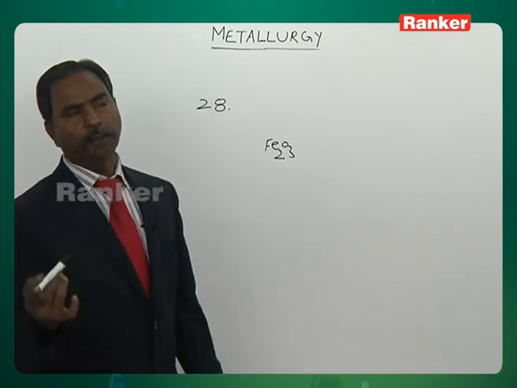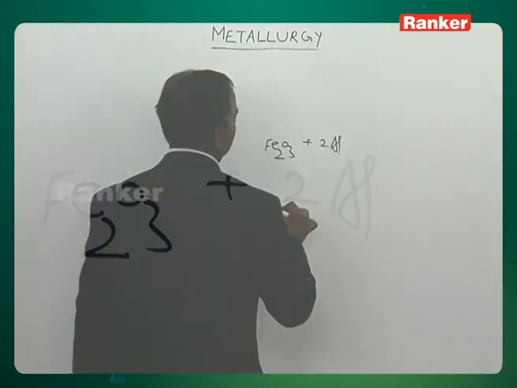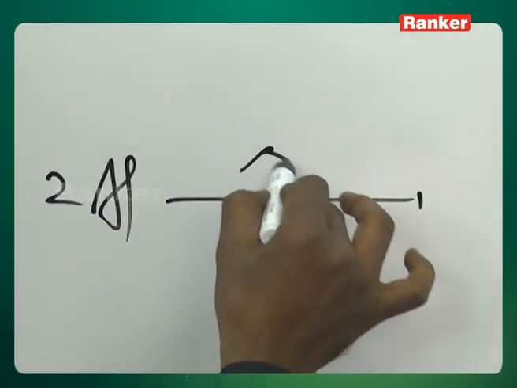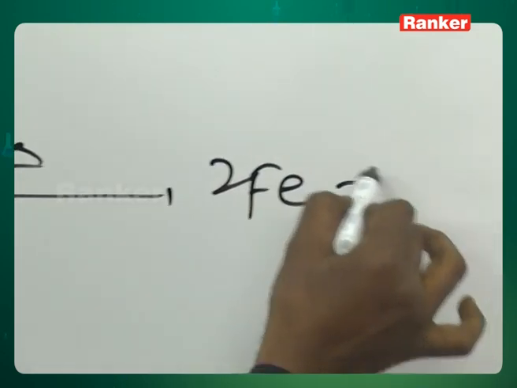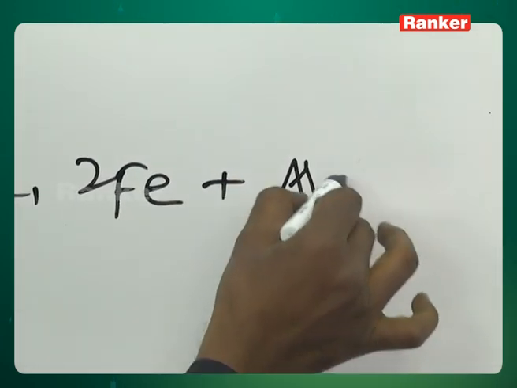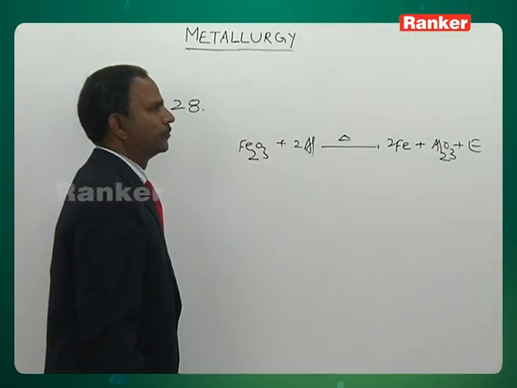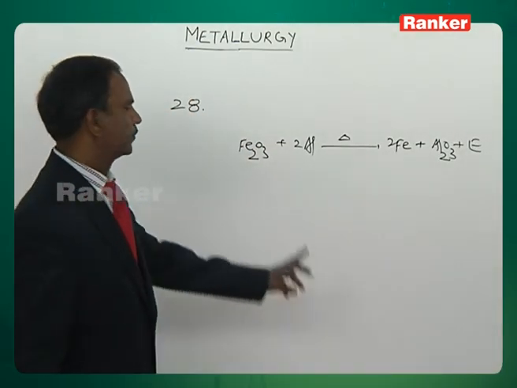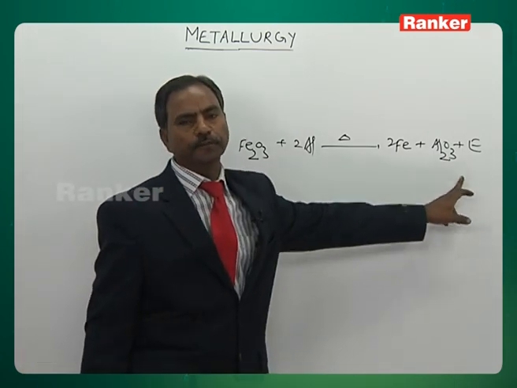We apply aluminum as a reducing agent. We are heating to higher temperature, then you are getting iron and Al2O3. Large amount of heat is generated. This reaction is liberating a large amount of heat.